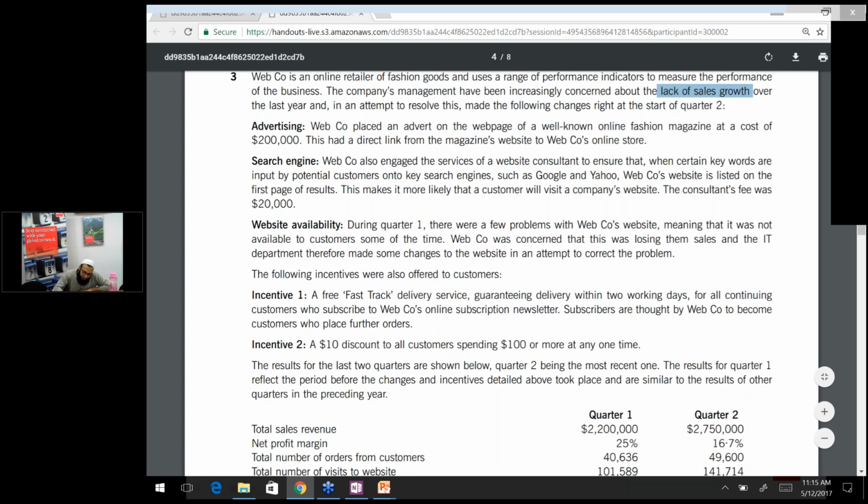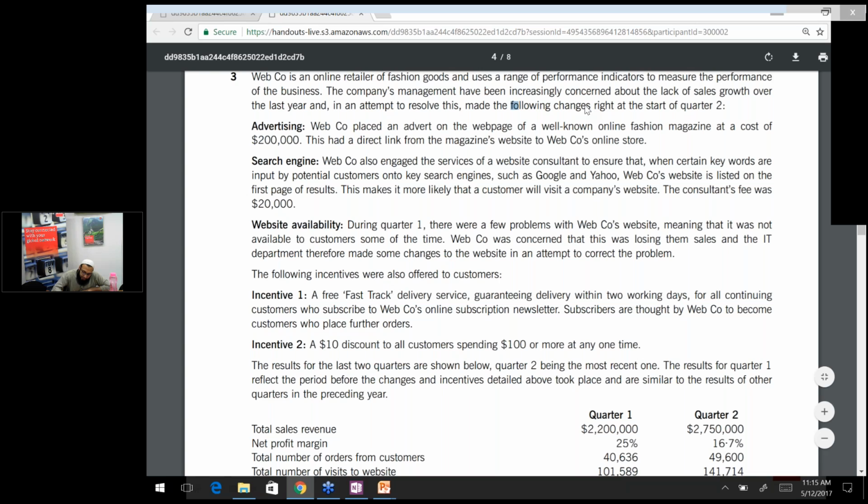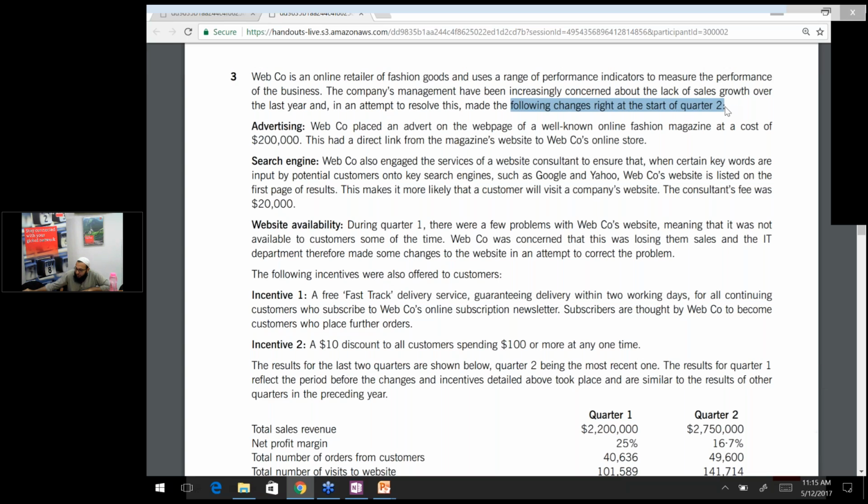So it wanted to resolve the problem, and it made a few changes at the start of quarter 2. Quarter 1 is the one in which there are no changes, and quarter 2 is the one in which there are changes. Got it, everyone?